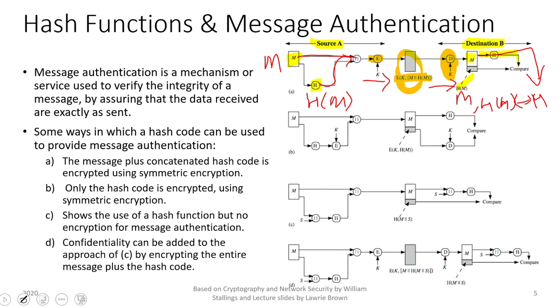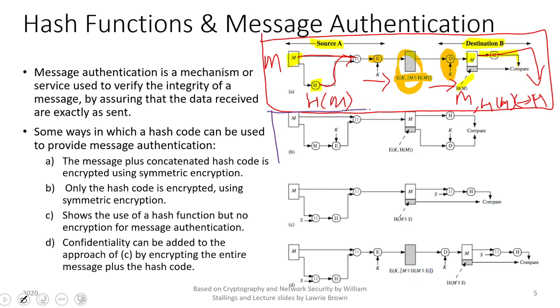Sometimes we don't need to encrypt the message, because message secrecy is not the important point. So in this approach we are ensuring the secrecy is there, and also we are ensuring the integrity and authentication part is also there. But in some cases we don't need secrecy. In those situations we would only use encryption for the hash.